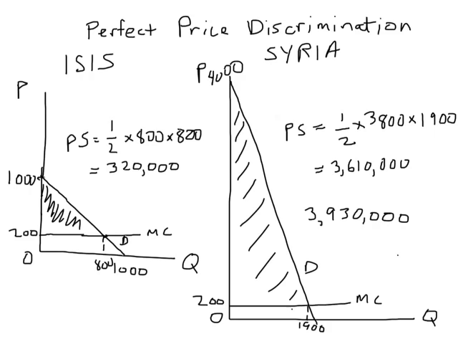You take the difference between that and the 1,805,000 you get from the single price monopoly case, and you get that first degree price discrimination increases producer surplus by 2,125,000. Now we just have to do that segmenting case.